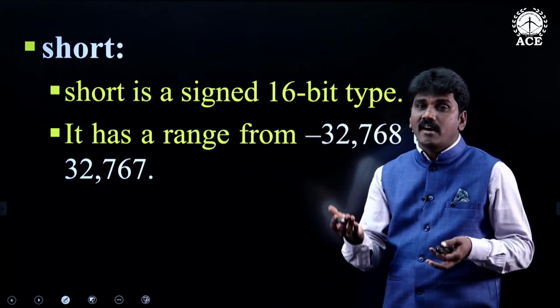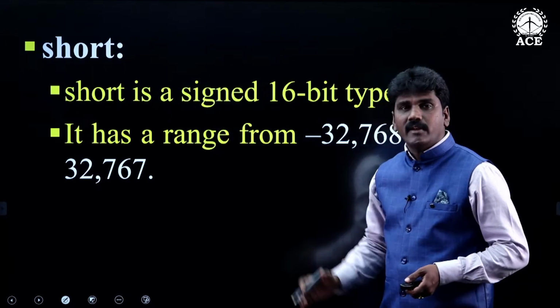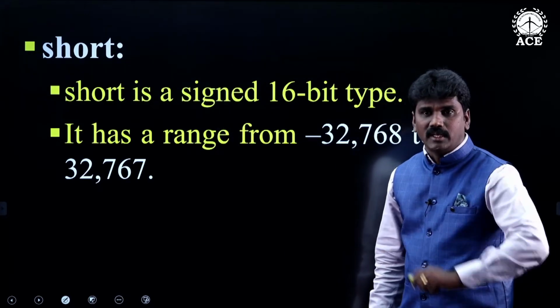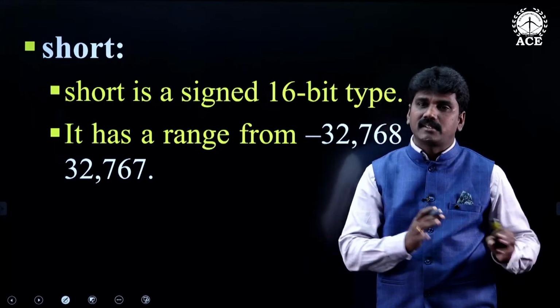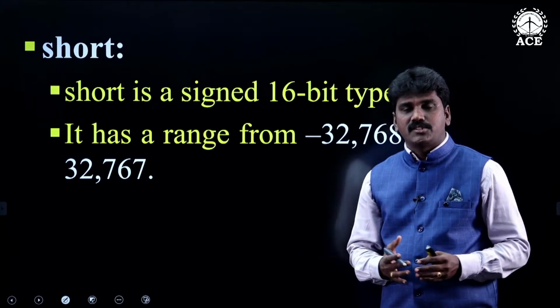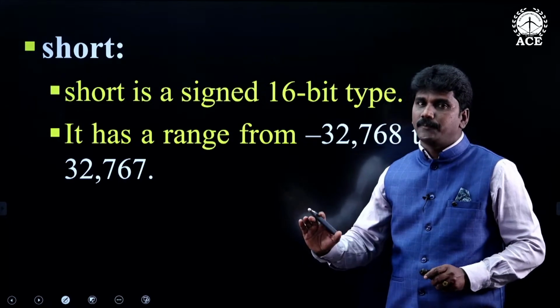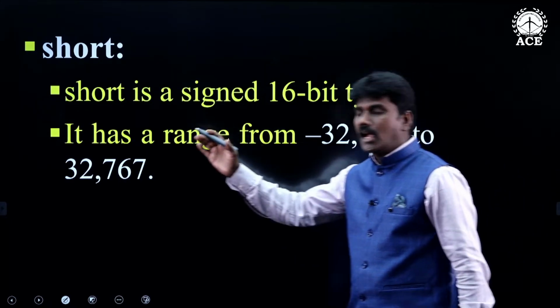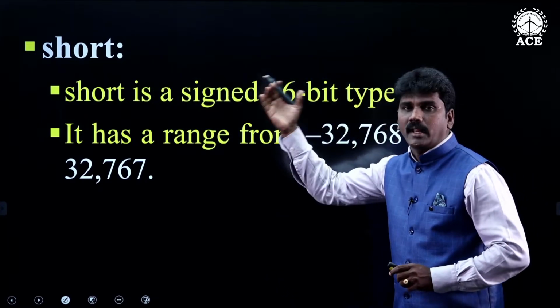Initially when Java was developed, at that time the most frequently used data type was short, because the processors were 16 bit. But now the processor size has changed to 32 bit, 64 bit. That's why short is used rarely.